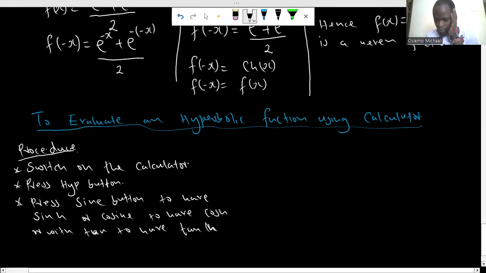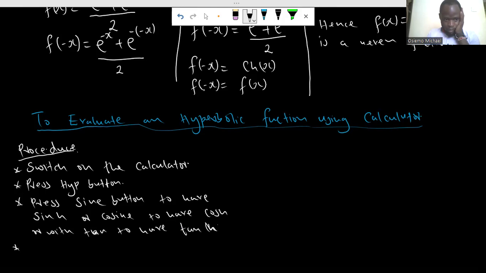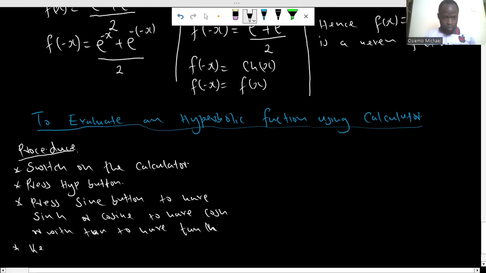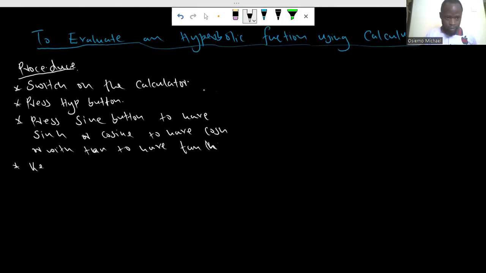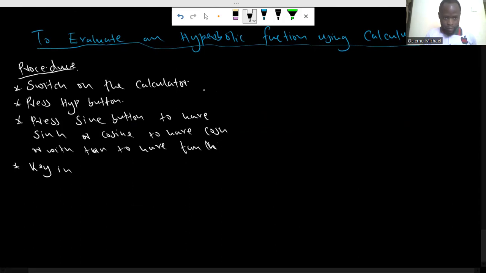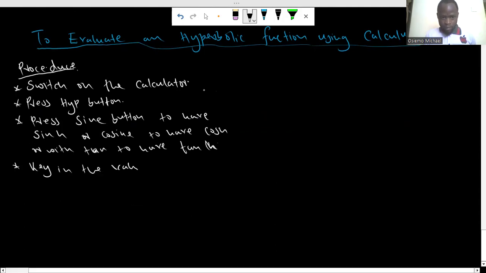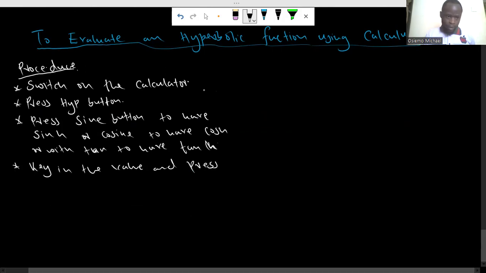Then you put in the value and press the equal sign.